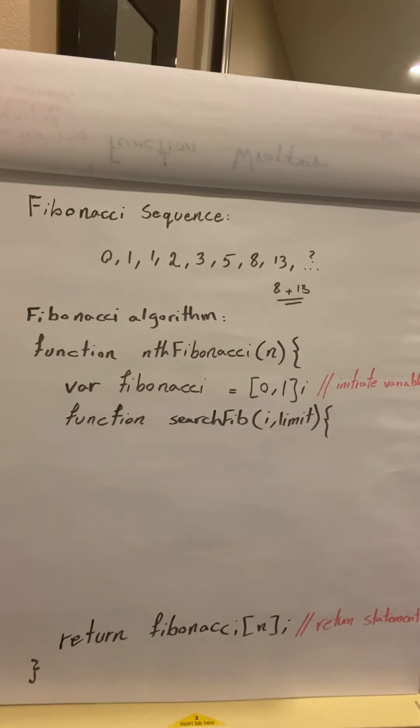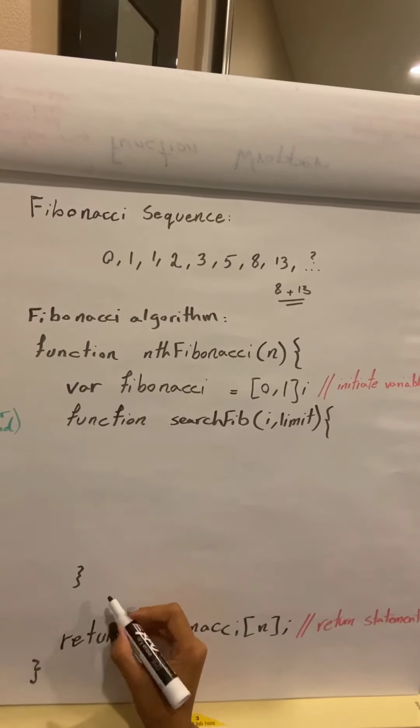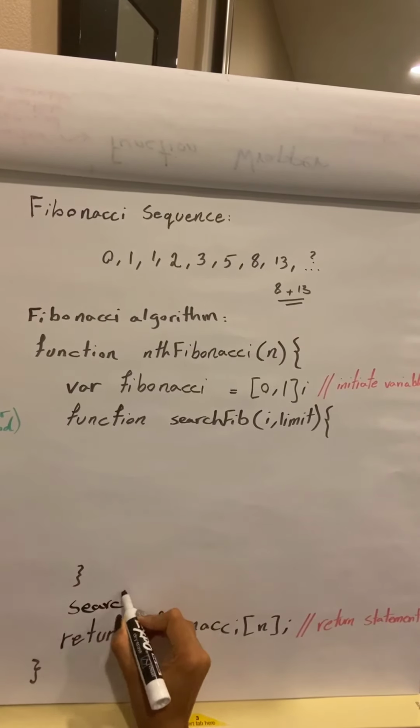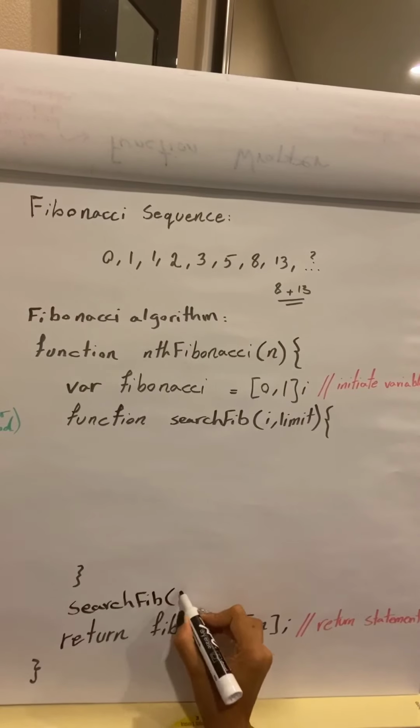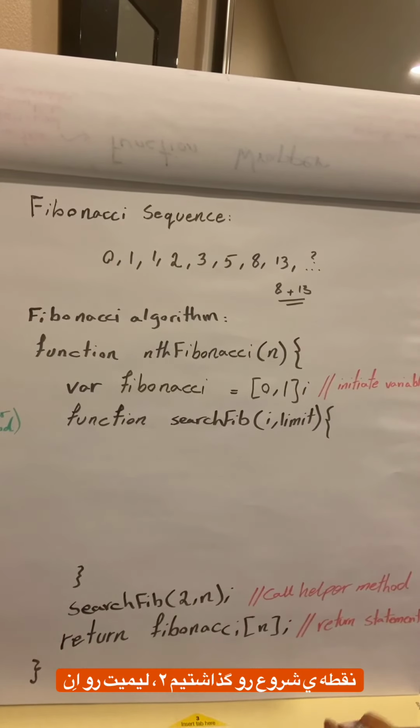So the next thing that we need to do before we forget on this step is invoking the helper method outside of the function. As you noticed, we set the starting point I to 2, and the limit is n.